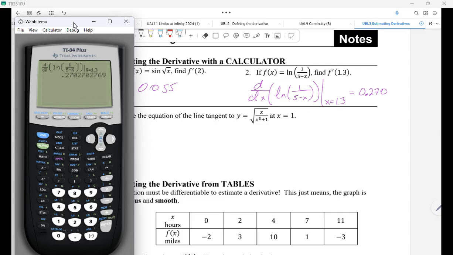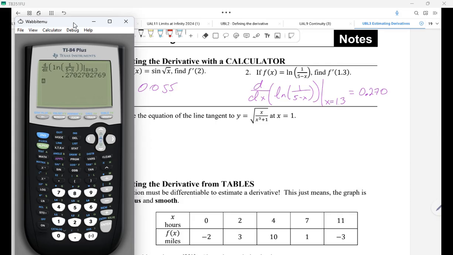Leibniz notation does not have the x value built into it. Lagrange notation, the one we used on number 1, has the x built into it. So with Leibniz we have to use an evaluated at bar, which is a tall bar about the size of the problem, and then what you're supposed to plug in. Questions on that?